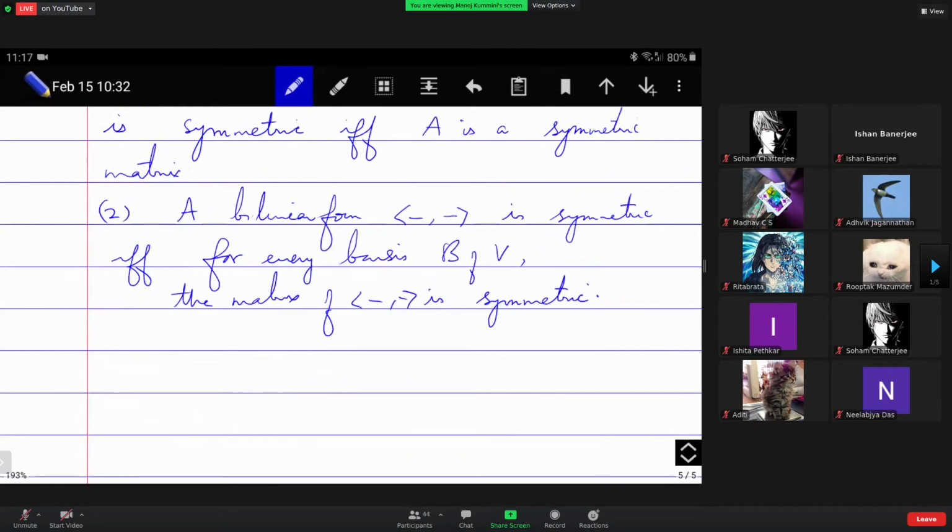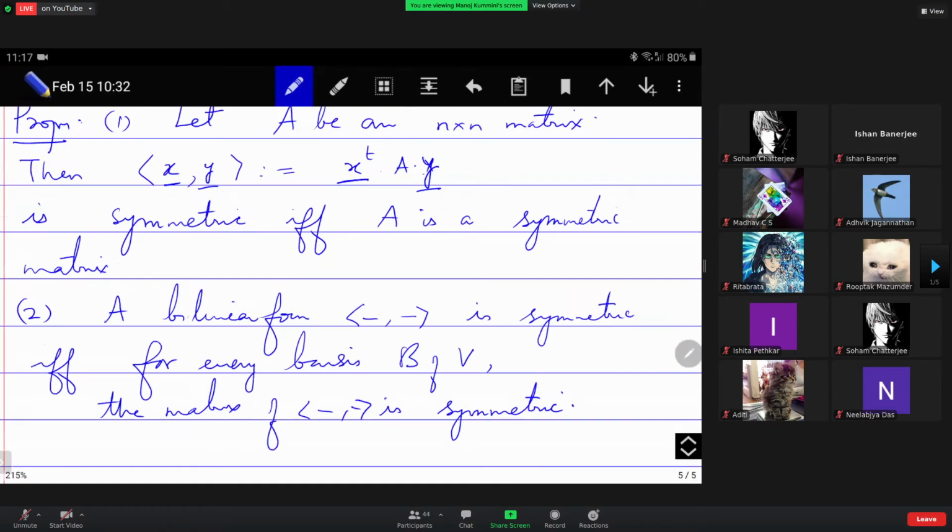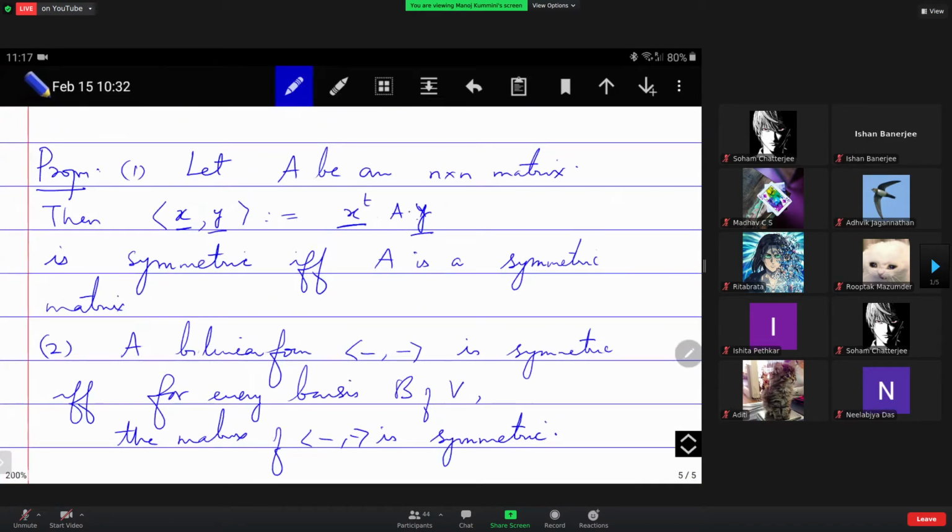Okay, so let's prove these statements. The statement's clear. We want to understand how to identify symmetric bilinear forms. In the first statement, we look at a specific bilinear form, the one given by a matrix, some vector transpose times matrix times vector. When is such a bilinear form symmetric?